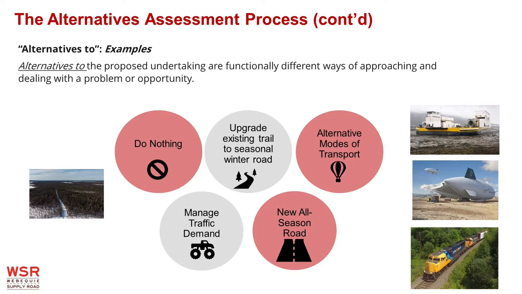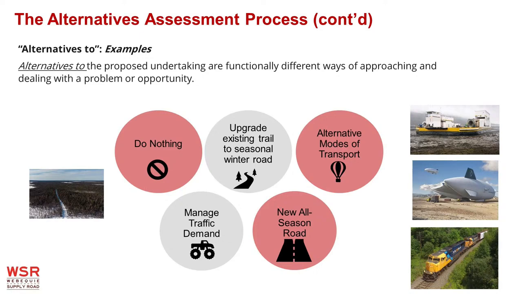Another different way of approaching this problem or opportunity, in this case the project, is to upgrade existing trails to a seasonal winter road. And in this case, there is no existing trail between the two locations, so it doesn't really fit there.